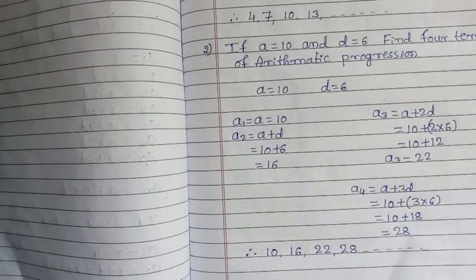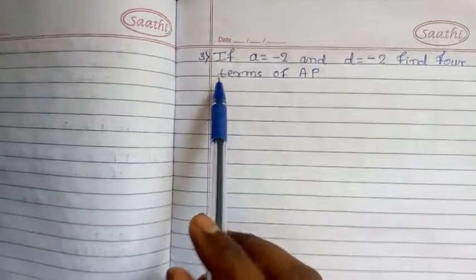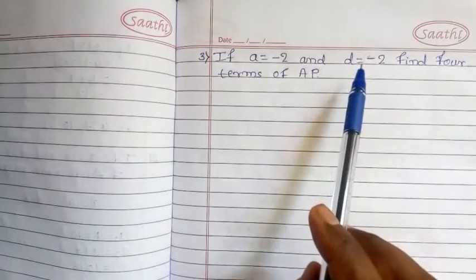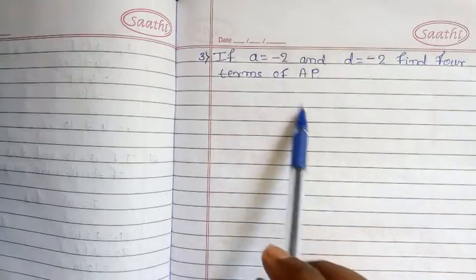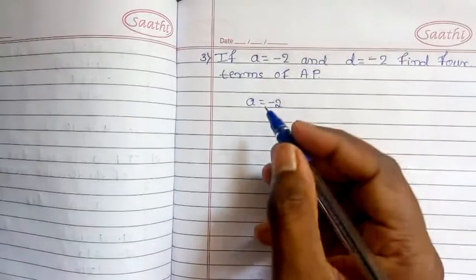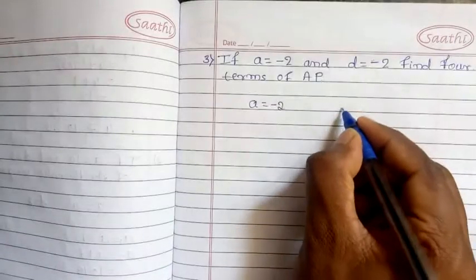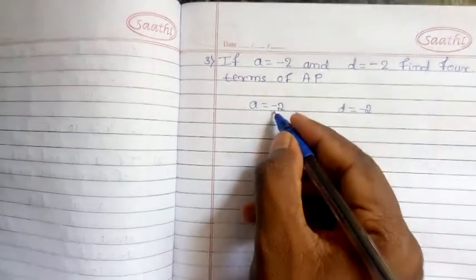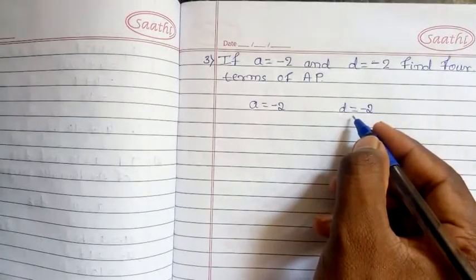Then next, the third example. Here also they are given a is equal to -2 and d is equal to -2. Find the four terms of the arithmetic progression. First term is -2, and the common difference is also -2.